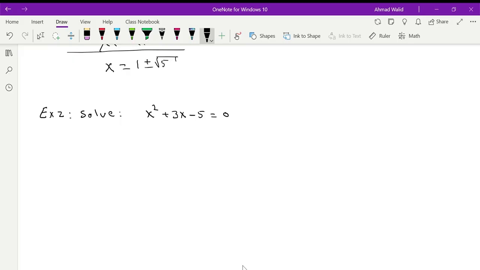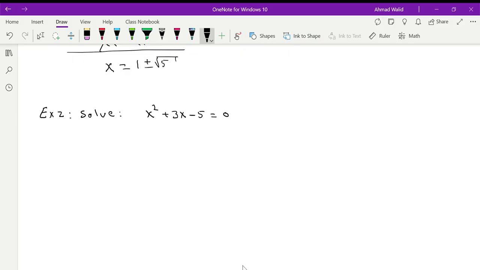Correct? We cannot factor. There is no such two numbers to multiply to give you 5 and to add to give you 3. Definitely there is no such number. Then what I do, I'll use the completing the square method to solve this equation. Correct?